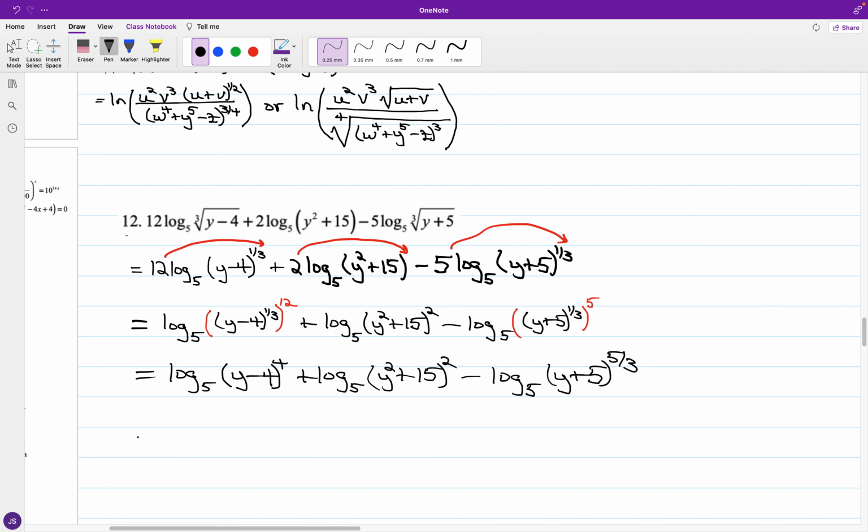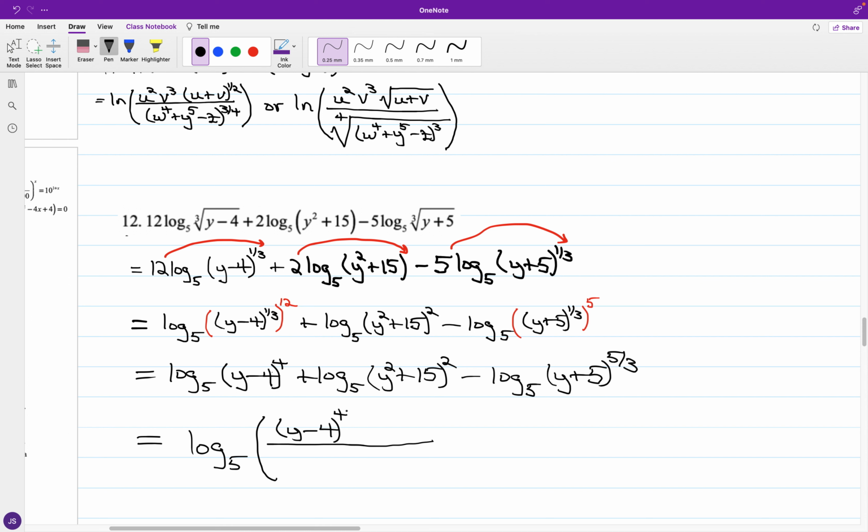And now that we have taken care of the coefficients, we can go ahead and consolidate as a single base 5 logarithmic term. So we have the first term in the trio, which is positive, so we have y minus 4 to the 4th at the top.